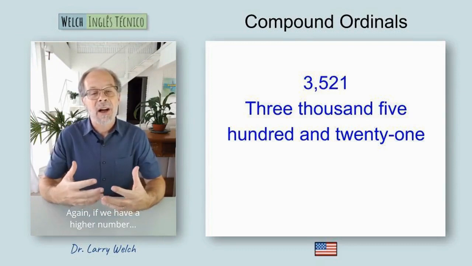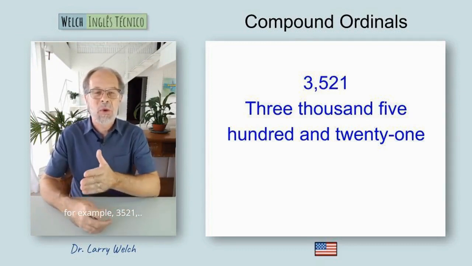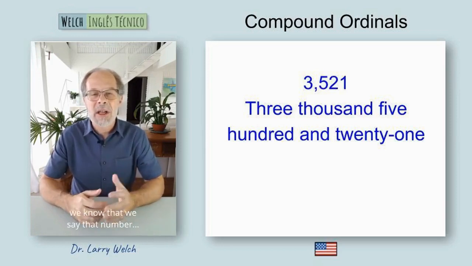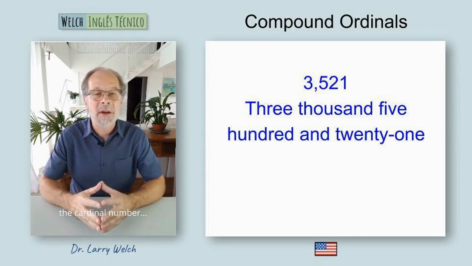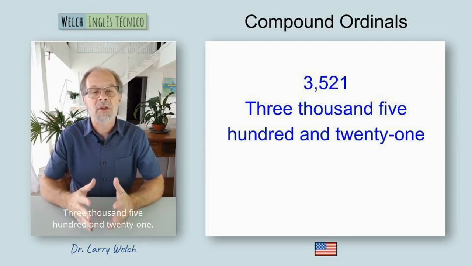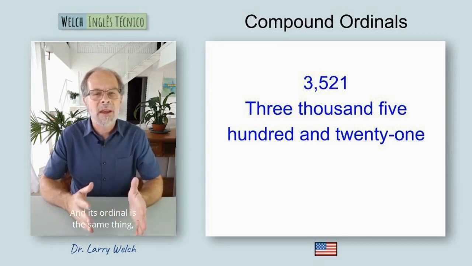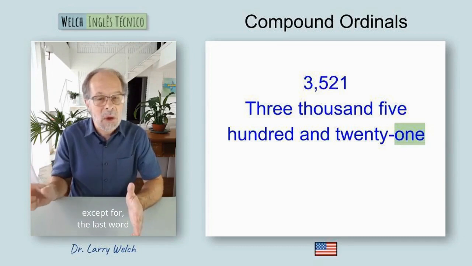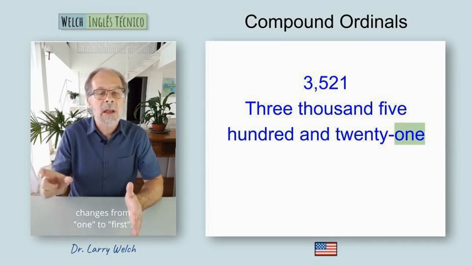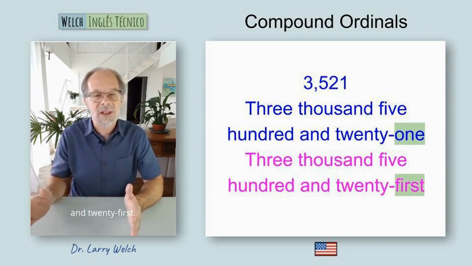Again, if we have a higher number, for example, 3,521, we know that we say that number, the cardinal number, 3,521, and its ordinal is the same thing except for the last word changes from 1 to first, 3,521st.